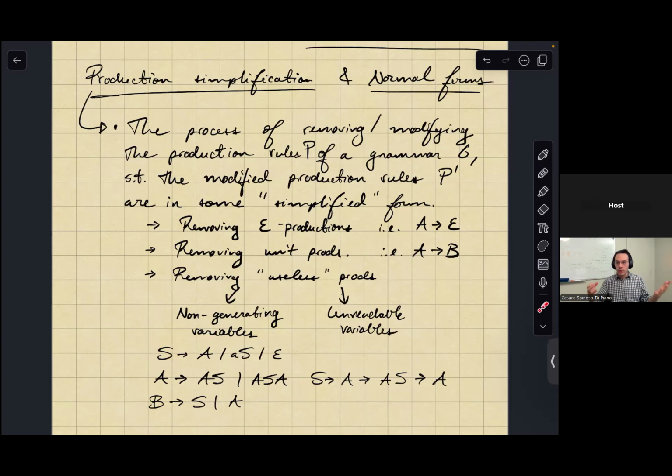When a DFA has an unreachable state, removing it does not affect at all the language accepted by the machine. And it's similar here, right? If I take this variable and its corresponding production rules out, it doesn't affect what the strings generated by the grammar are, because B was never going to be in any of the generating derivations to begin with, right?